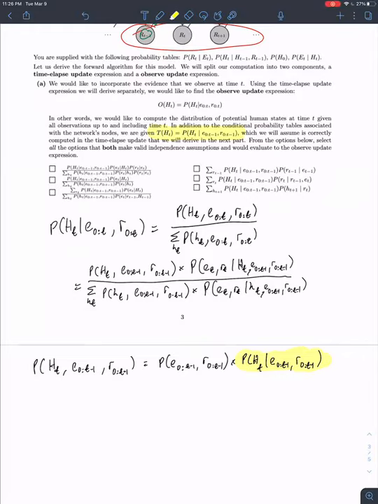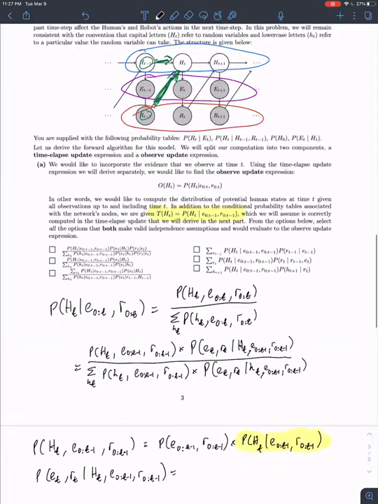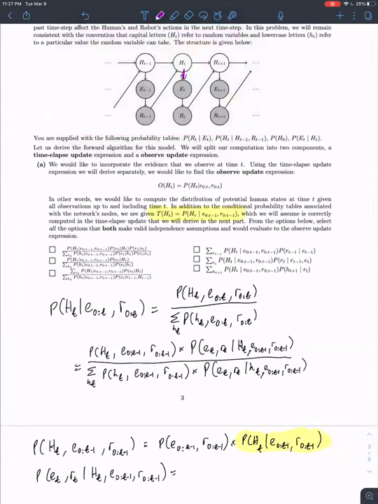And now what's the probability of E at time t and R at time t given big HT, E0 to t-1, R0 to t-1? Well, if we look at the diagram, ET is just dependent on HT, and RT is just dependent on ET.